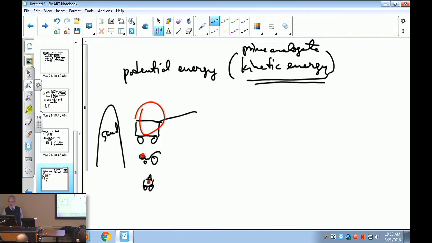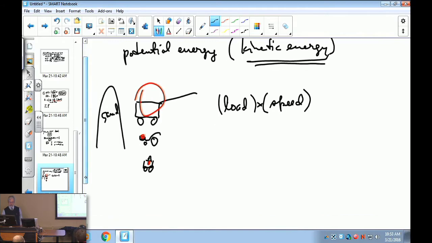Well, the transport of sand is a combination of two things, load and speed. So we have, in all cases, a load, how much sand, and a speed. And we could figure out which one of these methods, or any other methods, would transport sand the fastest. We want both the most load and the most speed, or the combination of the two that would give us the most.